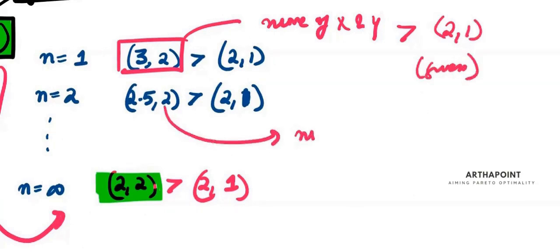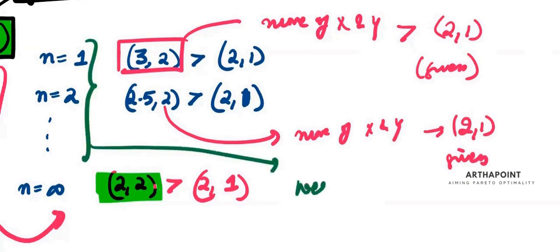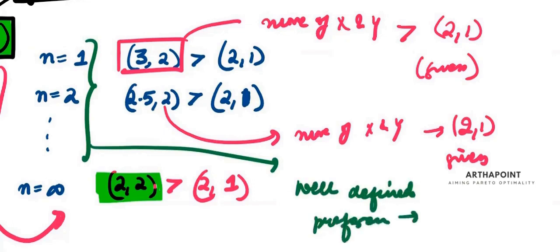This bundle also had more of X and Y, so it was preferred over 2 comma 1. From the pattern that is given to us, we understand that these are well-defined, monotonic preferences, that more is preferred.